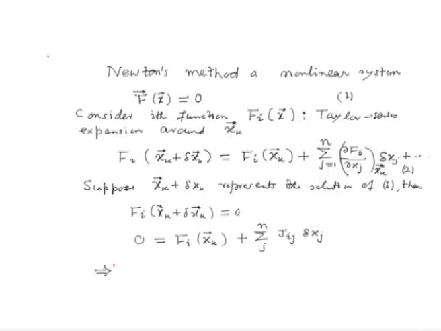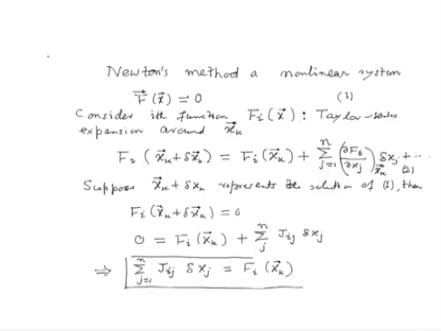So we can rearrange this equation as J_ij delta x_j is equal to minus f_i at xk, where this J is popularly referred to as the Jacobian matrix.